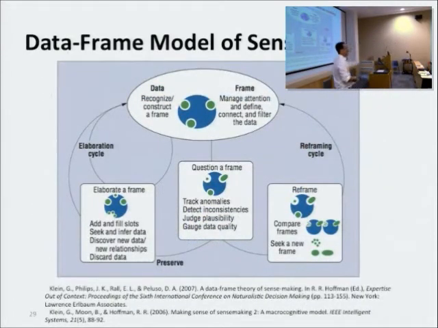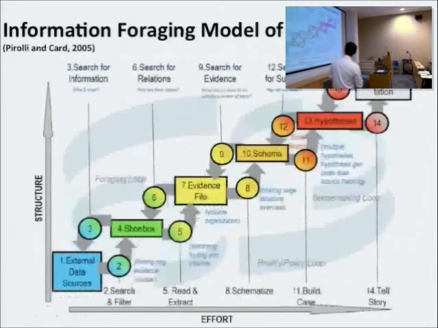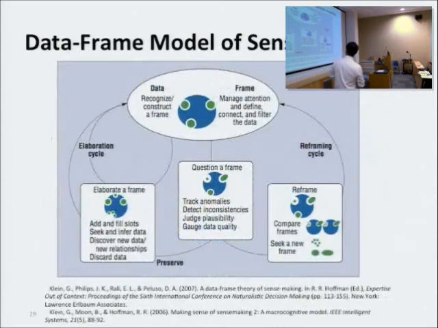Gary Klein and his colleagues, and one of his co-authors is up there, Robert, came up with a model of sense making called the data frame model. Now, this particular data frame model allows us to reason about these kinds of issues, which are not very clearly spelled out in the Pirolli and Card model. It allows us to say, look, what happens when you are trying to make sense of information?